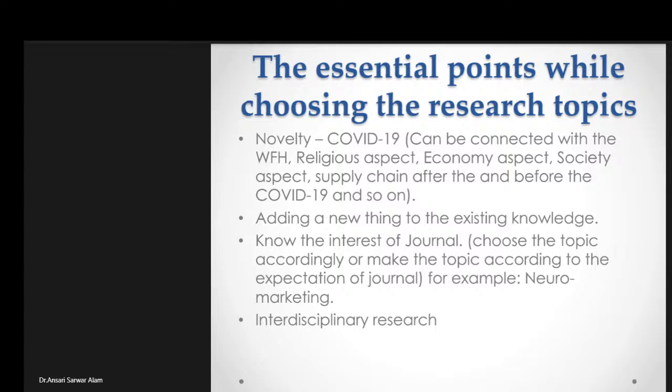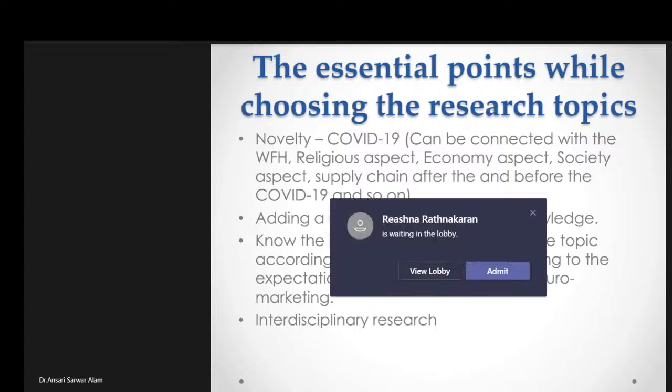Now, suppose you want to go with a unique concept, unique things. For example, if you look at the neuromarketing concept, it is very unique. In India, only a few academicians, research scholars, or scholars have come up with the topic of neuromarketing. As far as I know, I have looked at some professors or academicians who have worked on the neuromarketing concept.